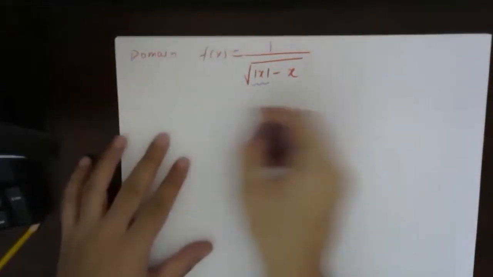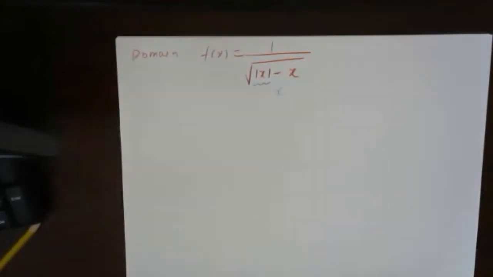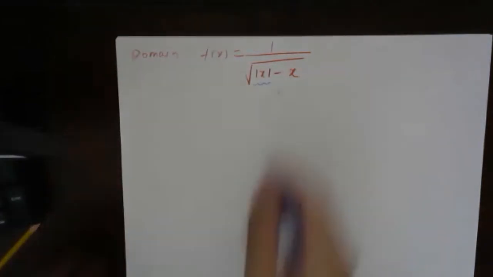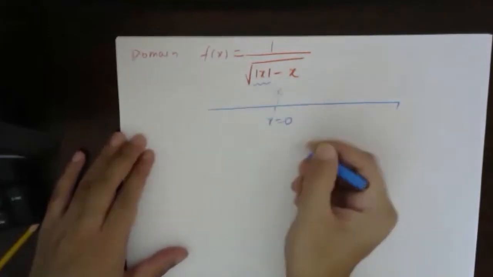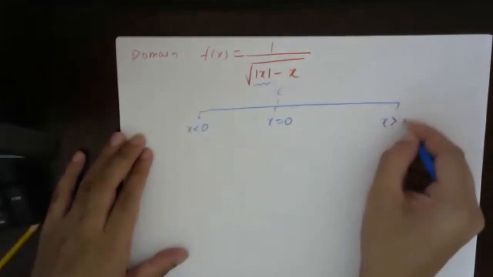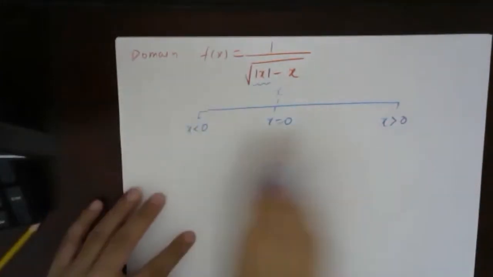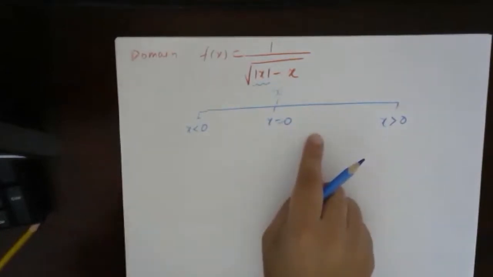Then we can divide the whole domain, the whole number line x, into 3 parts. One is when x is equal to 0, one is when x is less than 0, and the other one is when x is greater than 0, right? So these will be 3 parts in which we have divided the domain.